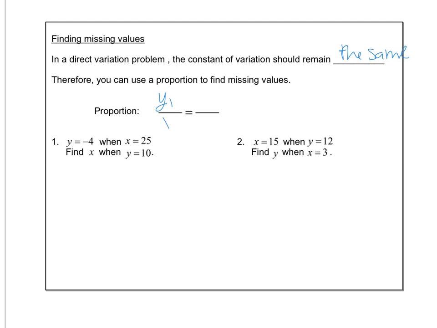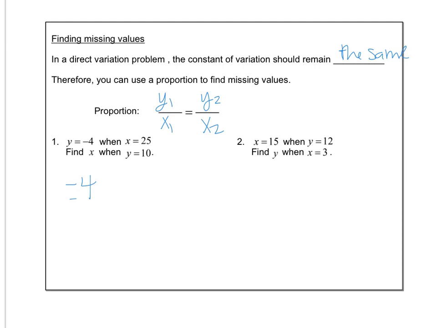So our proportion we're going to set up is y1 over x1, those that go together, is going to equal y2 over x2. So all you have to do here for number 1, if we were trying to find x, we have 3 other values, is just set up a proportion. What's really important is the first set, the negative 4 for y and the 25 for x, has to stay together.